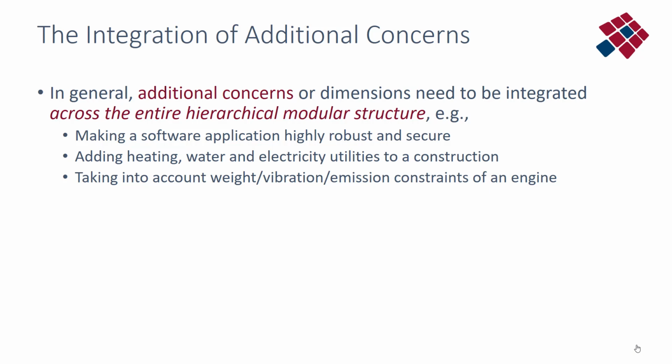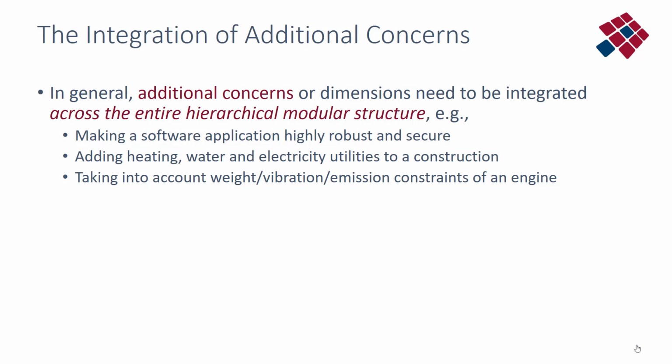So for instance, you have a software program and then you need to make it highly robust, secure, with access control across the whole structure. Now in software, people typically call these cross-cutting concerns, as these are concerns that cut across the entire structure. It is named and coined based on the architectural composition.